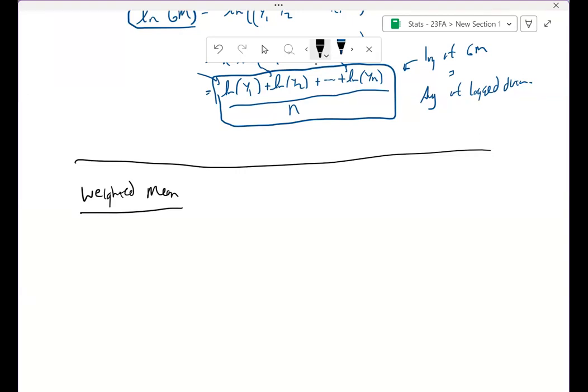The weighted mean says, what if I have data points x1 through xn that have different weightings, w1 through wn? So these are my data, and these are my weights.